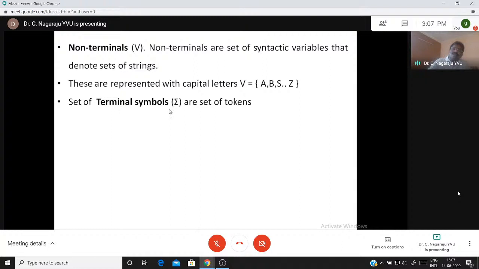A set of terminals, sigma, is a set of tokens. Sigma specifies a set of tokens.